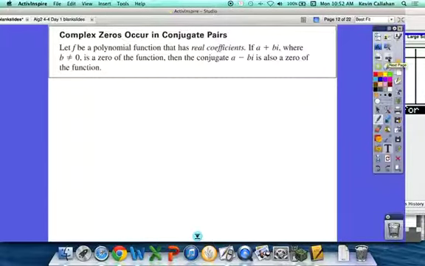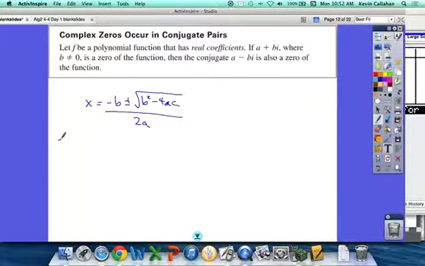Okay, complex zeros occur in conjugate pairs, meaning if a plus bi is the solution, so is a minus bi, right? And why is that? Because where do we get those complex zeros, or the imaginary zeros?